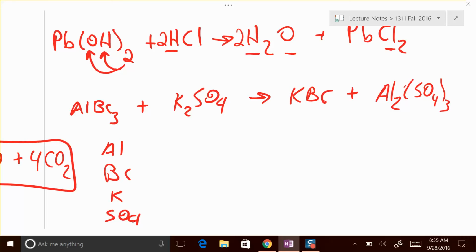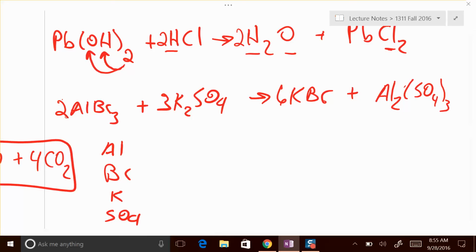So because it's on both sides, I just need to balance it as a single thing. I have 3 sulfates here, so I put a 3 in front of this to get 3 sulfates over there. That balances my sulfates. Now I need 6 Ks, I need 6 Brs, and I need 2 Als. Now it's a balanced chemical equation.